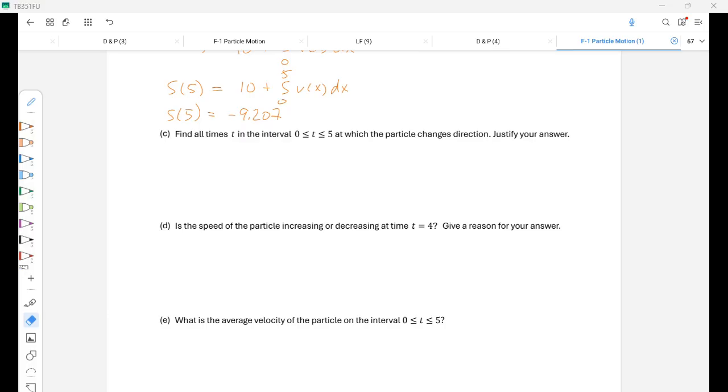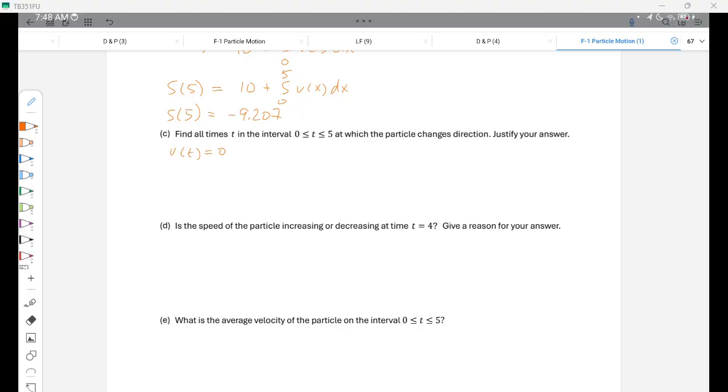Yeah, in this case, they called it s of t, but s of t or x of t, whatever the position function is, right? So we need to know relative extrema of s of t, but we have v of t. So where are the relative extrema of s of t? When v of t changes sign. So that happens when v of t is 0 or undefined, right? So we're either looking for v of t to be 0 or undefined.